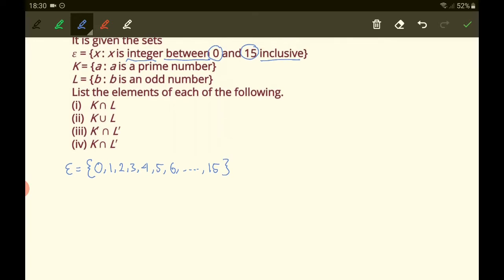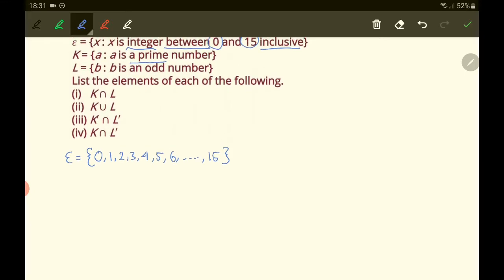Now K here is a, where a is a prime number. K is included inside the universal set, so the K maximum must be until 15 only.